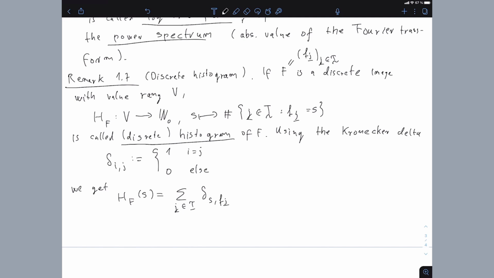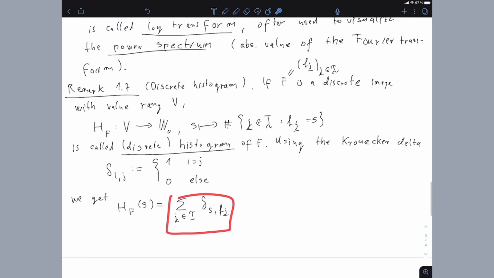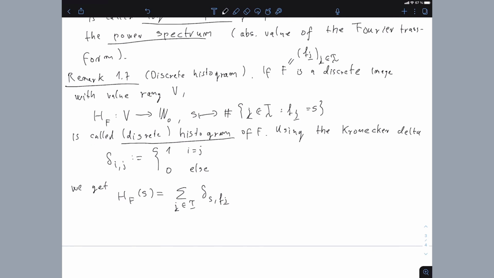So at every pixel, this Kronecker delta encodes the check whether the value is s or not, and it's convenient to have such a sum representation instead of these count elements of a set representation. But also, this is for theoretical purposes. You would never compute the histogram by computing these sums one after another.